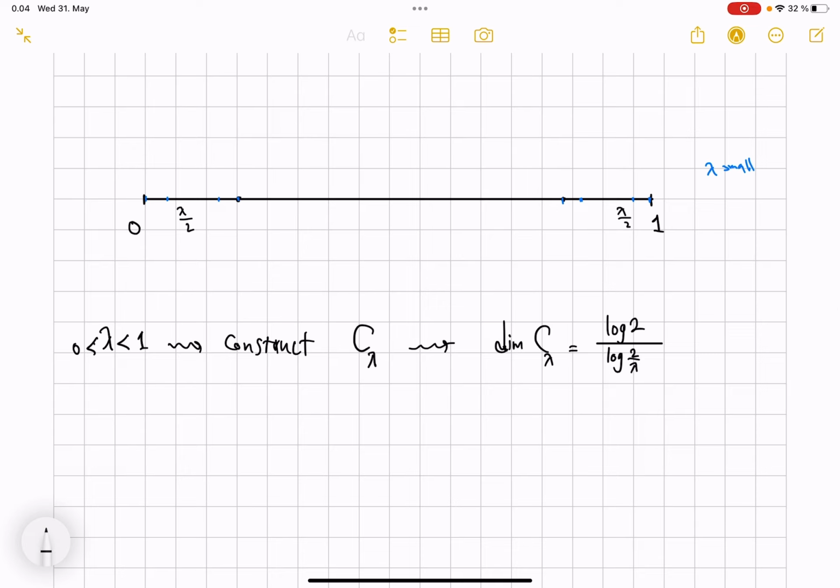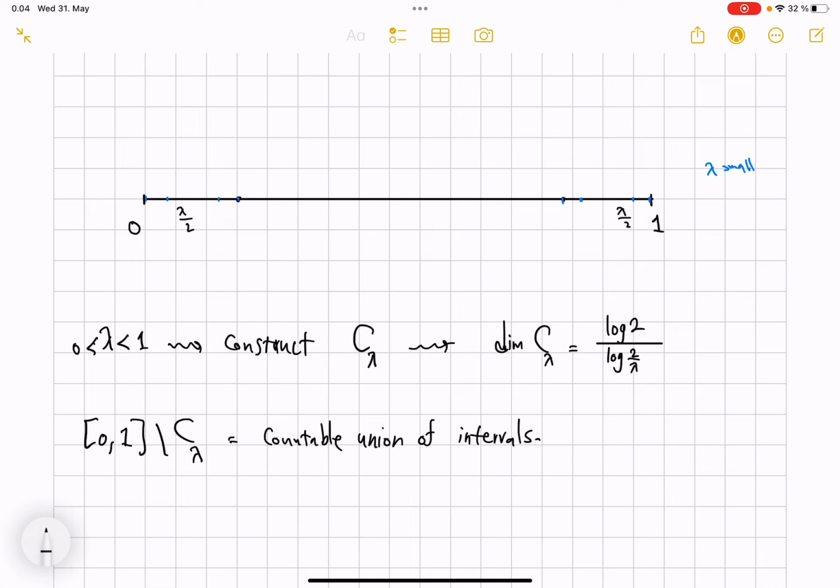Okay, so the complement of C lambda is a countable union of intervals.